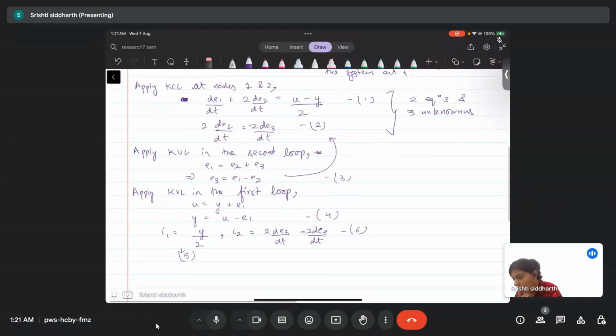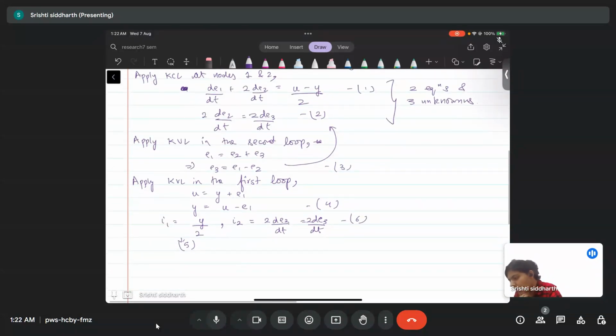Okay. So out of these 6 equations, if we just know the values of E1 and E2, you can observe that we know what E3 is. Then we can also find out what the voltage across the resistor is, because we already know what the input is. And if we know Y, then we know the current in the first loop.